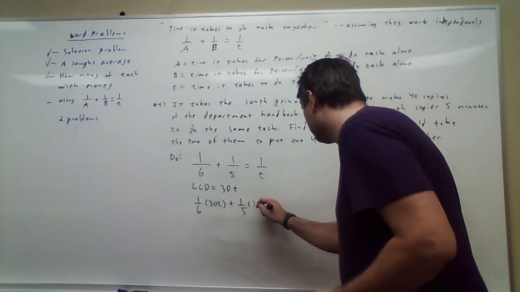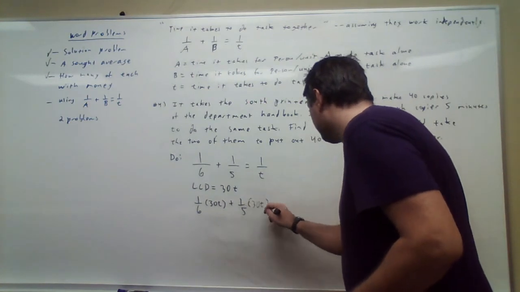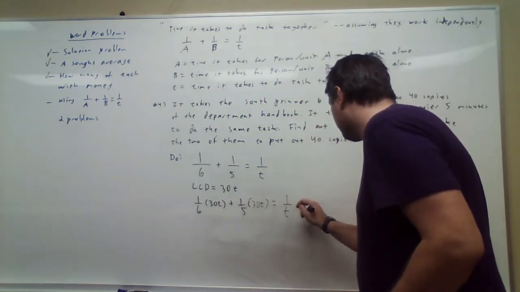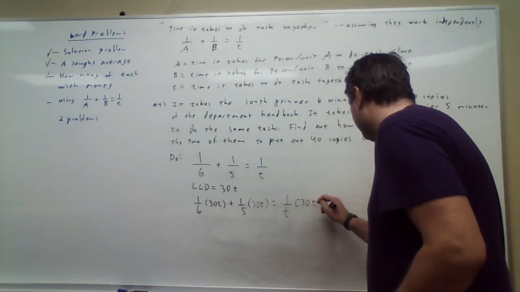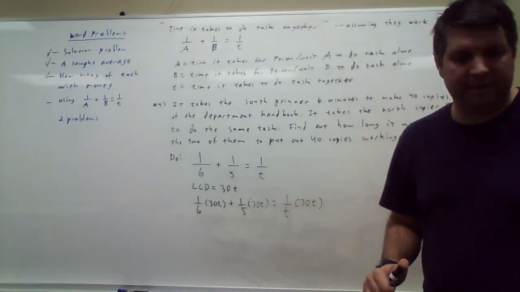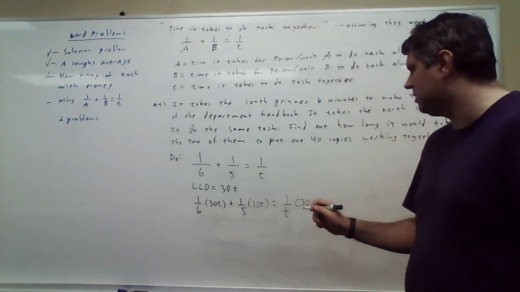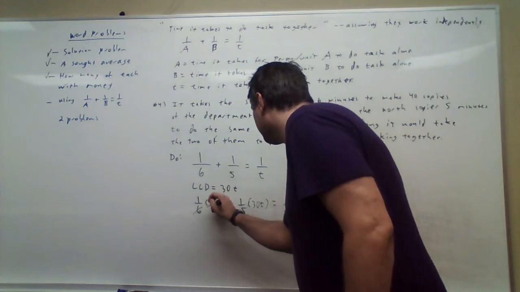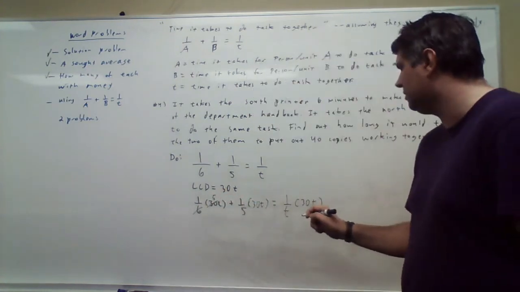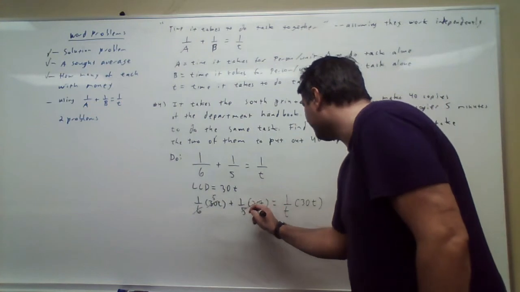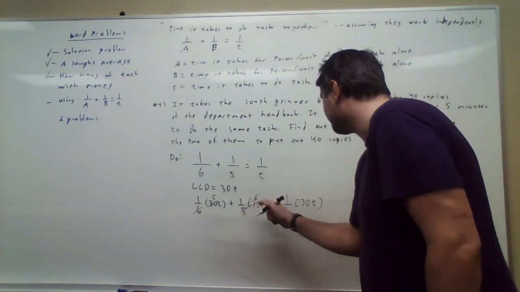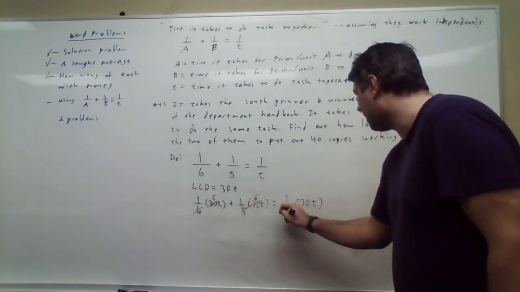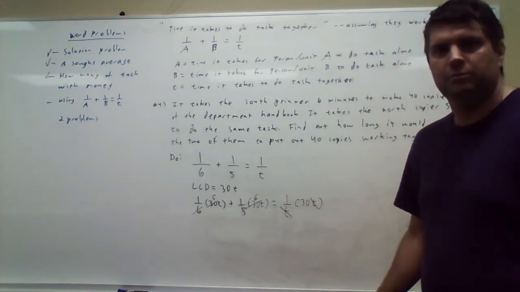Now something's going to cancel on all of these. 30 divided by 6 is 5. The T is unaffected. 30 divided by 5 is 6. The T is unaffected. And here, the T's are going to cancel.